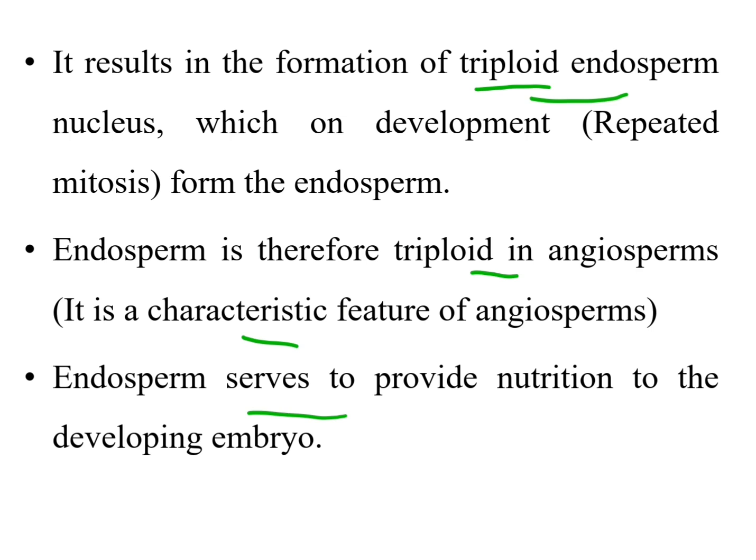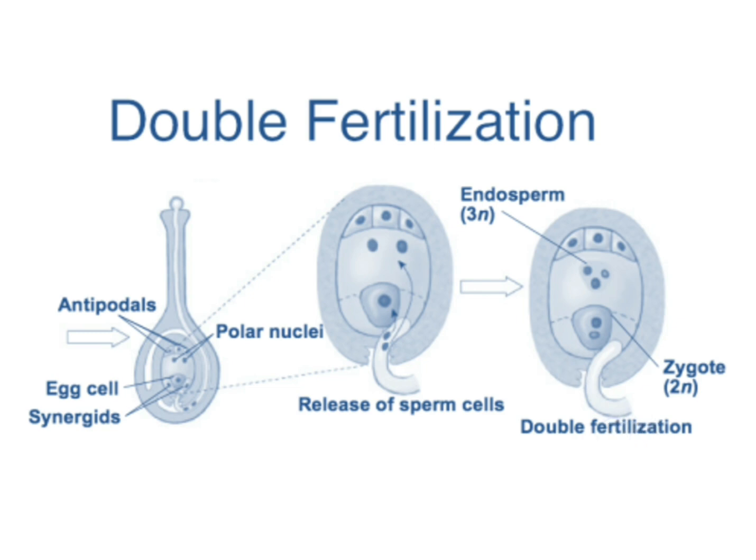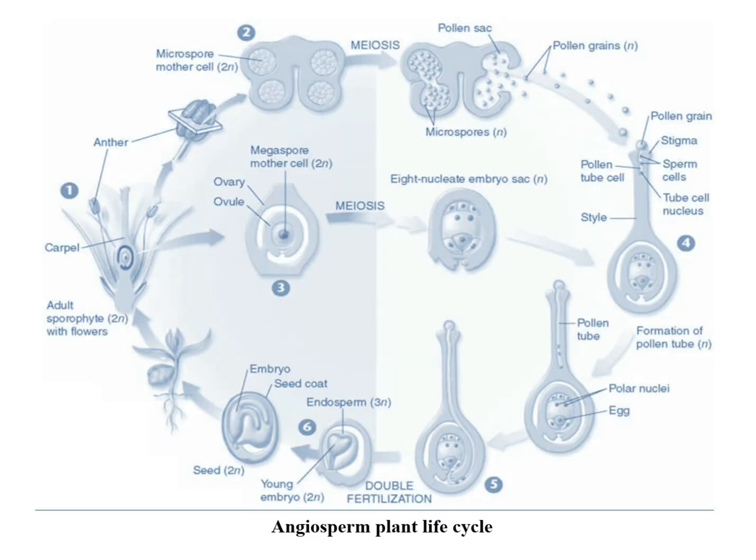So after fertilization we have two things, one is the zygote, another is the endosperm. That zygote will develop to form the embryo, and for that development and growth the nutrition is provided by the endosperm.